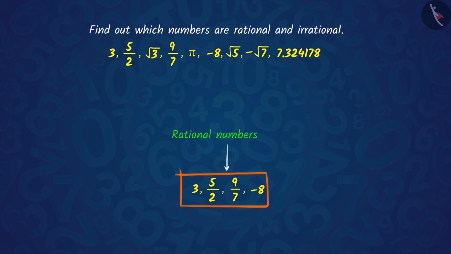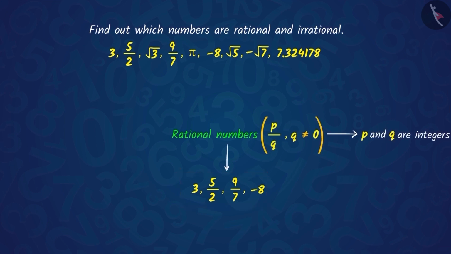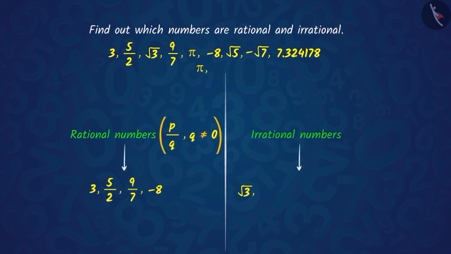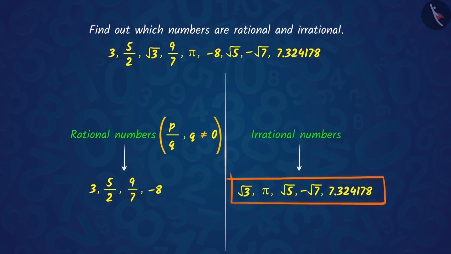Well done! The numbers in the first column are rational because they can be written as p over q. And the numbers in the second column are irrational because they cannot be written as p over q.